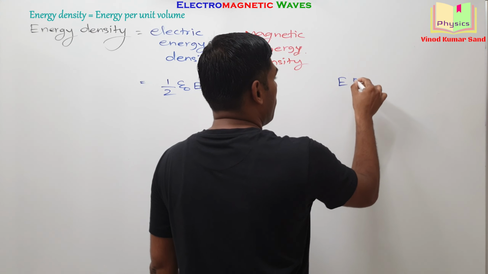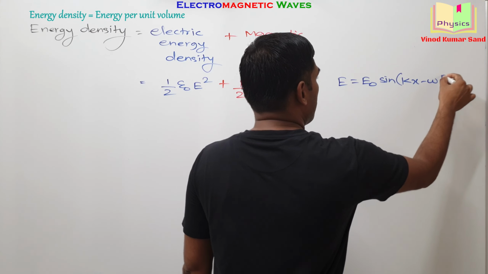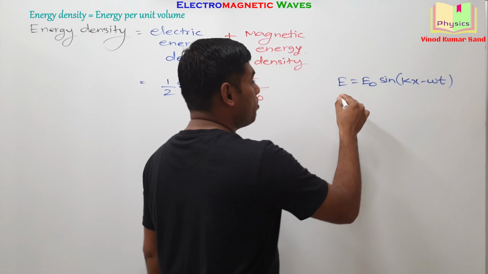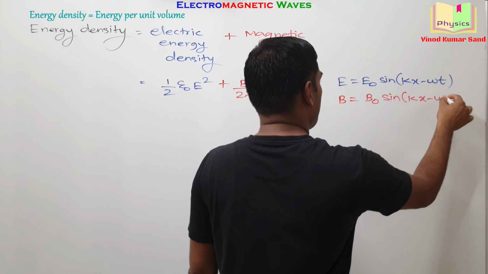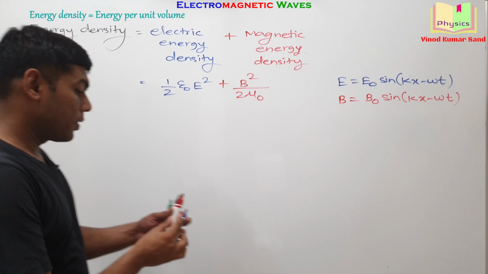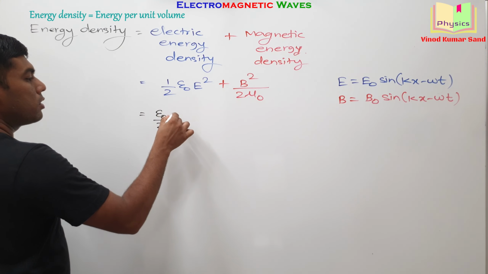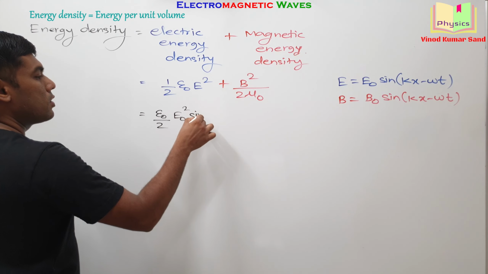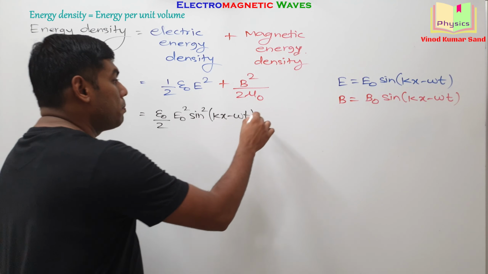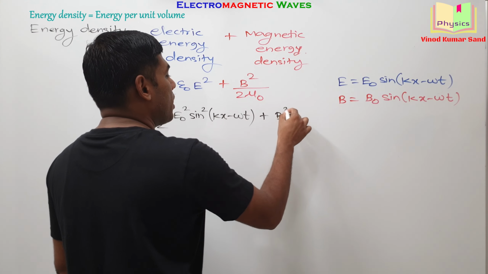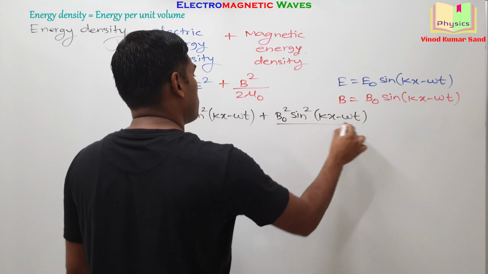As usual, our E was E naught sine of kx minus omega t, and the B was B naught sine of kx minus omega t. Okay. So going further, putting up the values: epsilon naught by 2 E naught square sine square kx minus omega t plus B naught square sine square kx minus omega t divided by 2 mu naught.